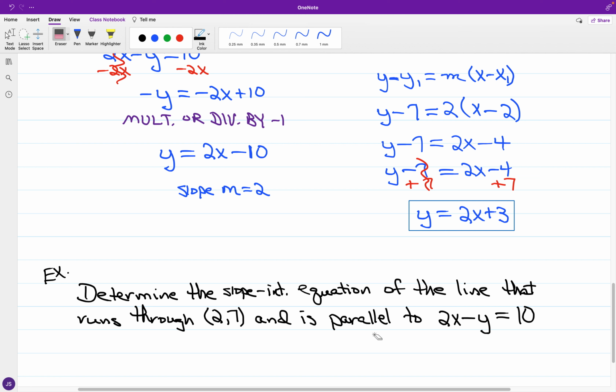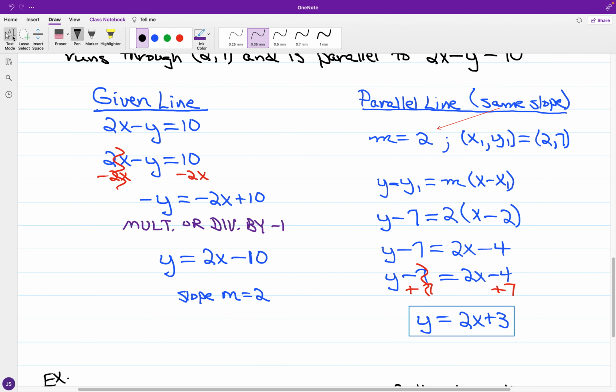Let's say I'm looking at a line passing through the same point, and I'm working with the same given line, but this time I'm going to have the line be perpendicular. And what we did before for the given line, I'm just going to duplicate this.